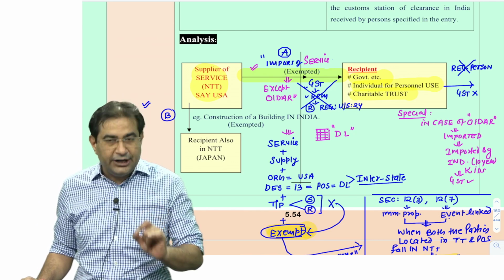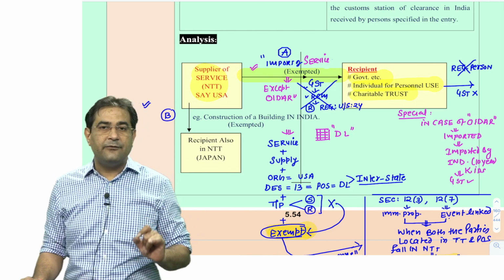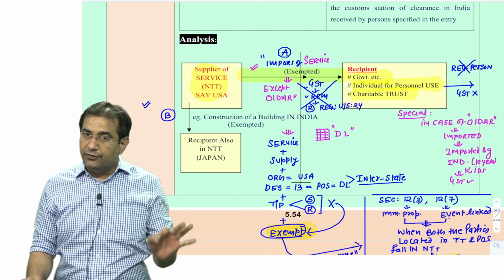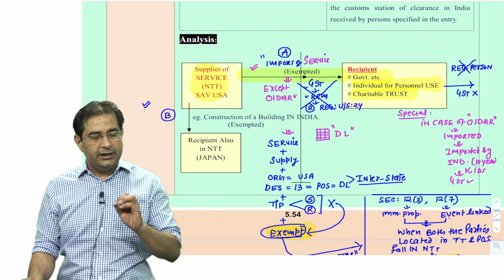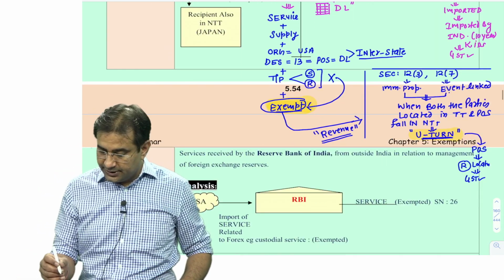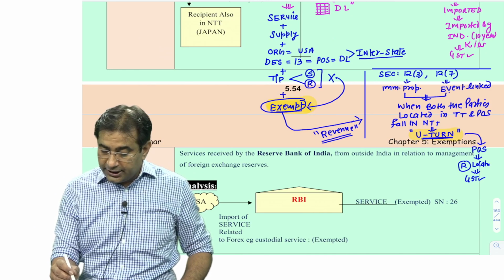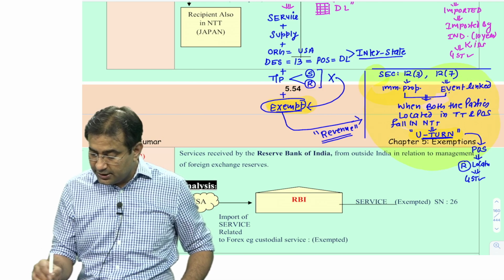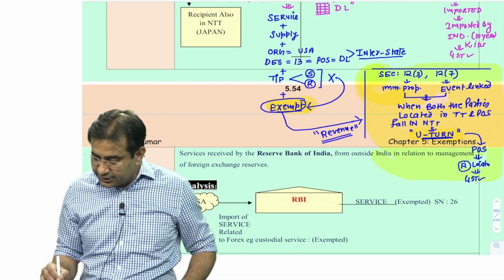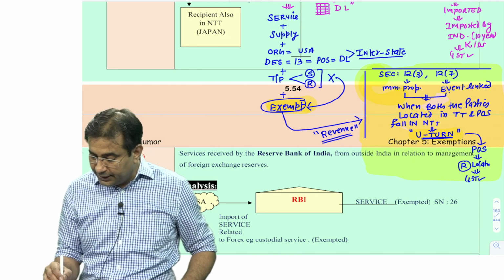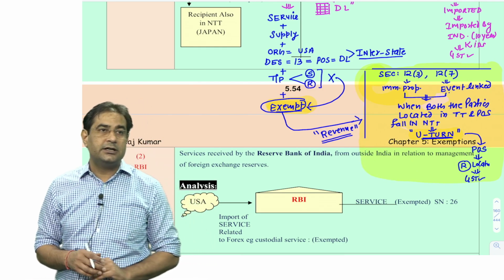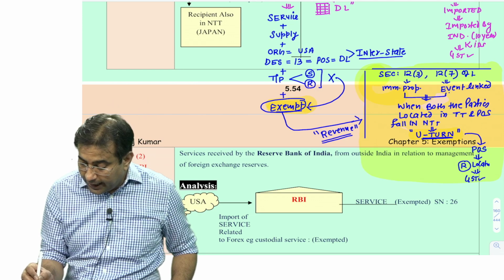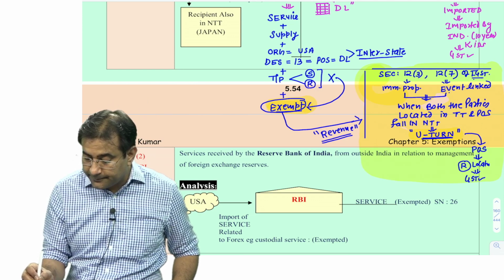And at the second point, B point, we are discussing when both the parties are located outside India, even though place of supply is within India, it will be treated as exempted services. Is it okay? And what is the reason for this exemption? This is the reason: the government is not able to collect, and practically the government takes revenge of this exemption under section 12.3 or section 12.7 of the IGST Act at the place of supply.